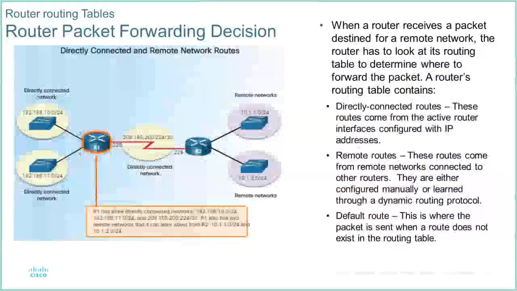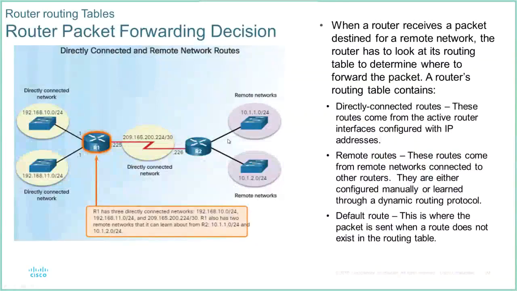So the forwarding decision uses the costing. The way the costing works is basically a directly connected network has the lowest cost, or is the most trusted type of information. Remote routes are routes learnt from other devices forwarding their routing table to it.